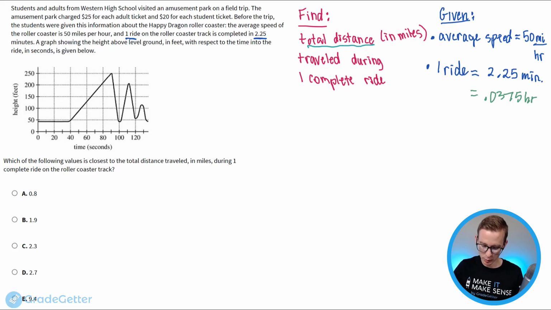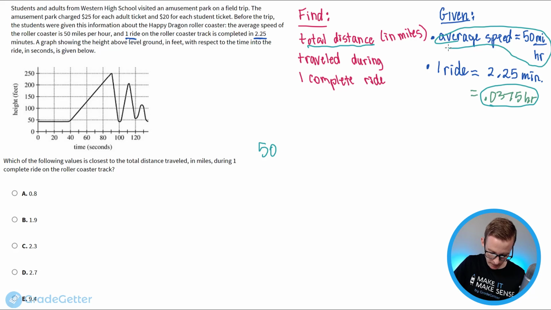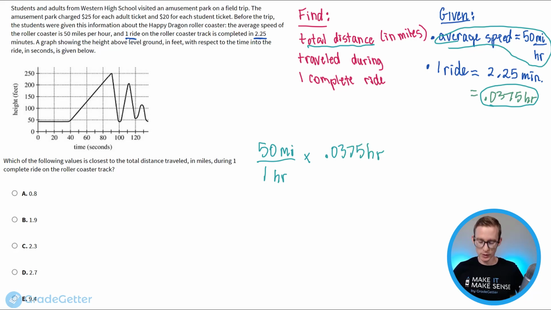Now remember, we're trying to find the total distance that this roller coaster has traveled. So when you multiply a speed times a time, you're going to get a distance. So let's multiply 50 miles per 1 hour times 0.0375 hours. Again, you can see why we converted our minutes into hours, because I want to have the same units of hours and hours. Again, we're going to multiply fractions, which multiply straight across.